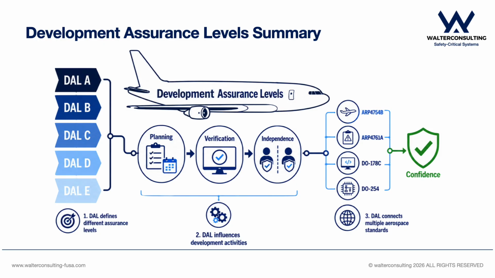Development assurance levels influence planning, verification, documentation, and many other engineering activities. Because they are used across ARP 4754B, ARP 4761A, DO 178C, and DO 254, understanding DAL is essential for anyone working in aerospace systems development or certification.